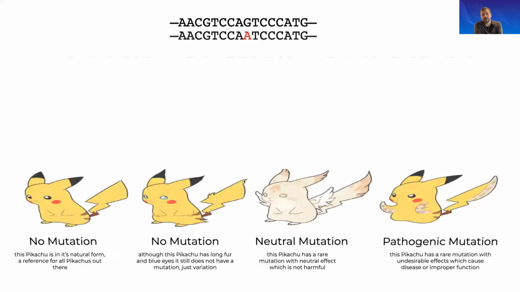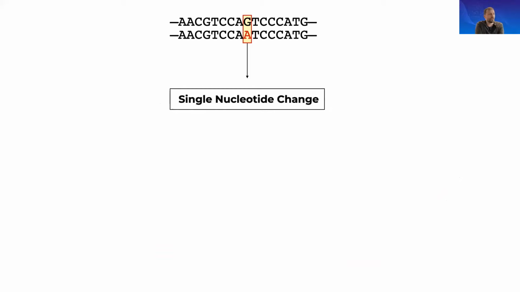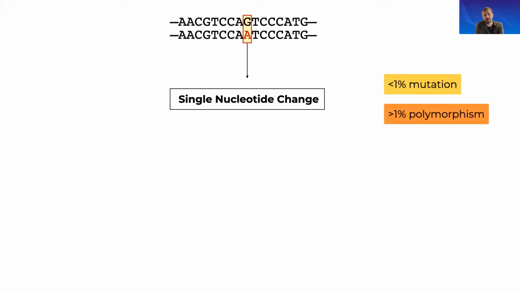So the basic way to annotate and identify how a particular change can impact whatever happens at the phenotypic level or at the functional level, we can look at single nucleotide changes and describe them as those that occur in less or more than 1% of the population.